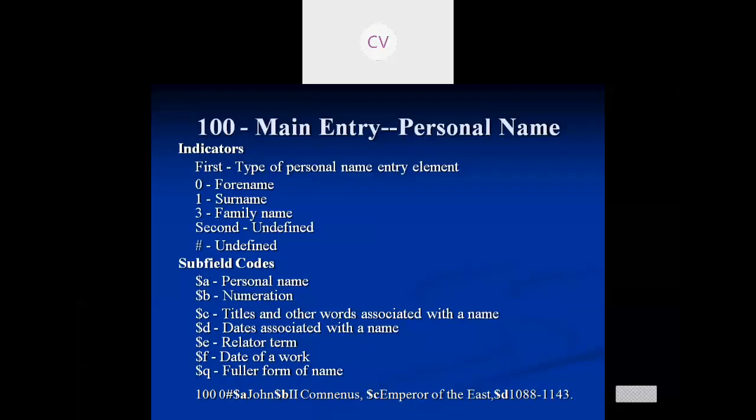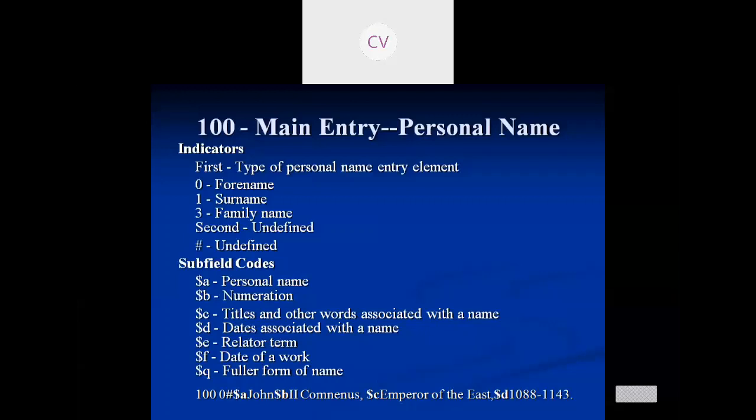Here, please understand that the data value is as per the Anglo-American cataloging rules. What we are doing here is encoding as per the MARC format, assigning the subfield code, subfield identifier, the indicator, the record separator, field separator, and so on.